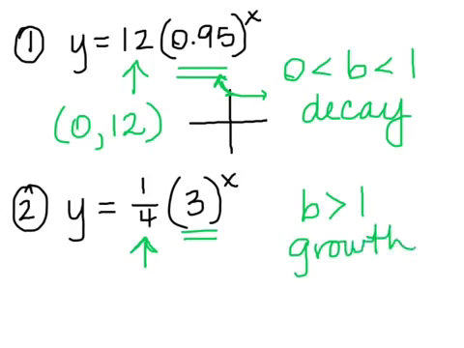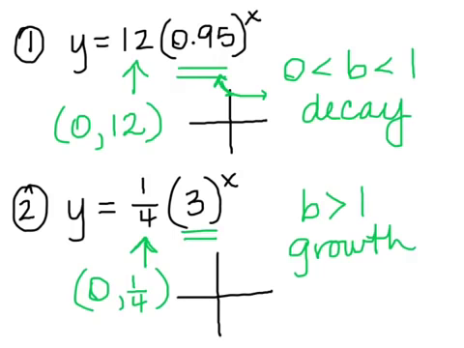So the graph of this would go through (0, 1/4) on the y-axis. That would be the y-intercept. And then let's sketch it. So it would go through the y-axis at 1/4, way down at the bottom there. And it's going to be growth, so it's going to start small and then shoot up from left to right.